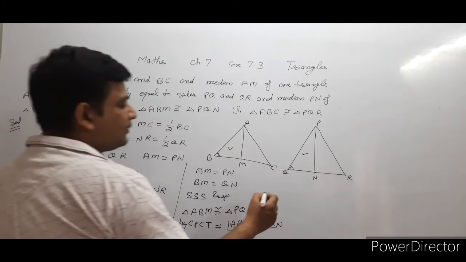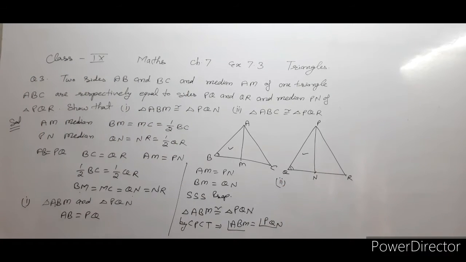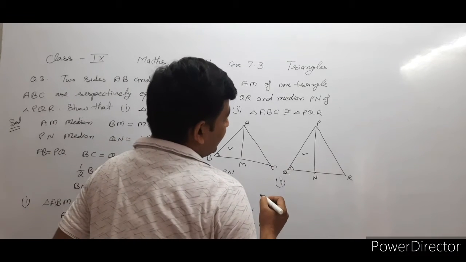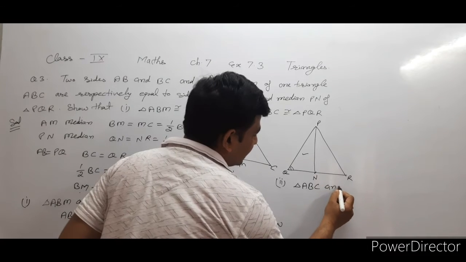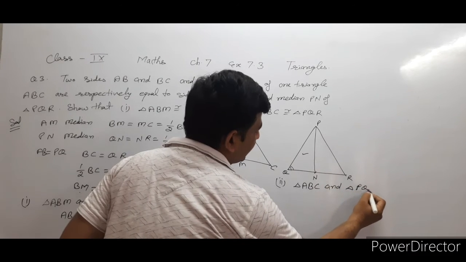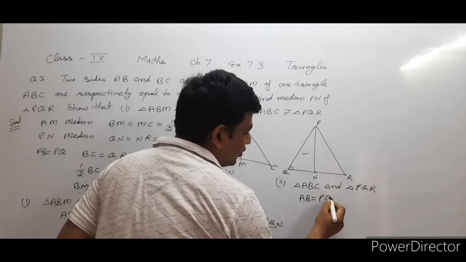Now to prove the second part, we have to prove that triangle ABC is congruent to triangle PQR. To prove this, we take triangle ABC and triangle PQR again. In these two triangles, AB is equal to PQ, given.